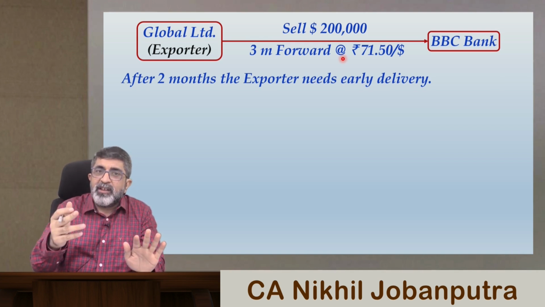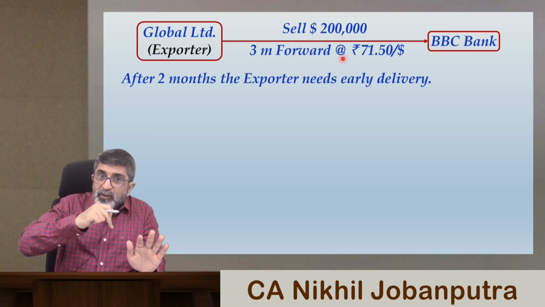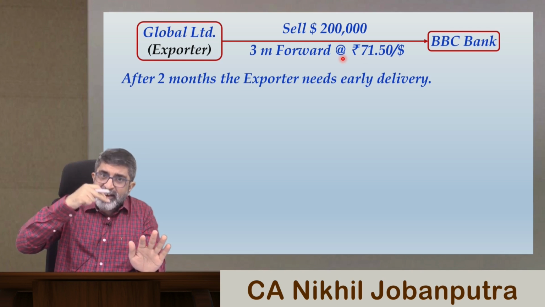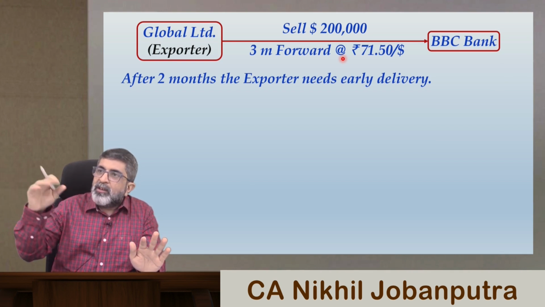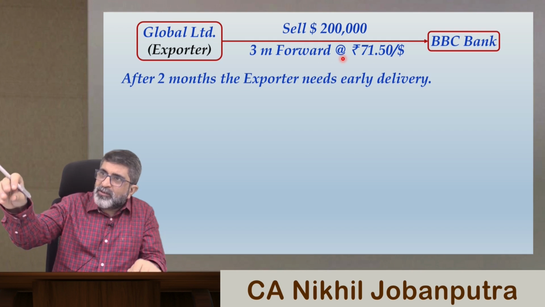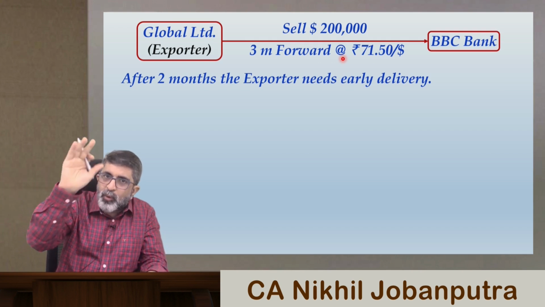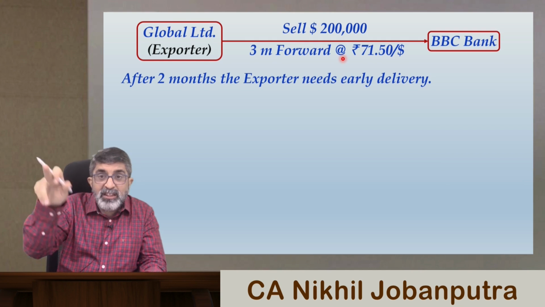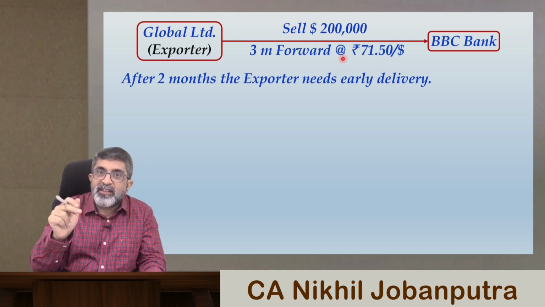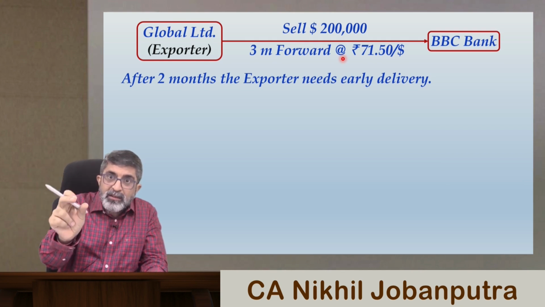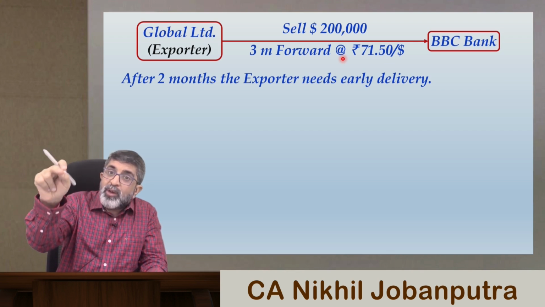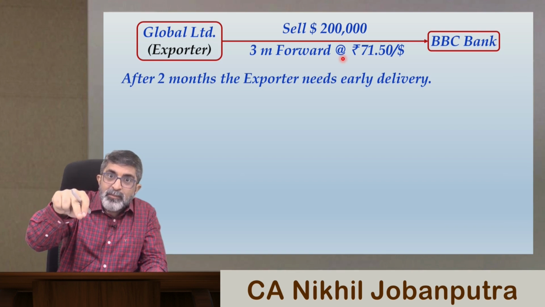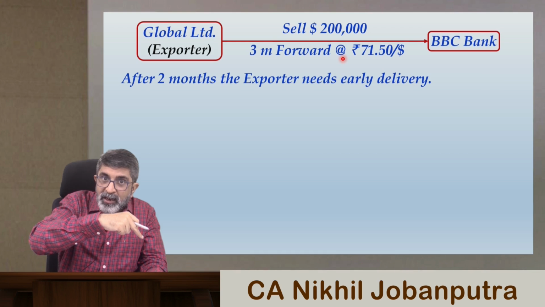Another alternative is that the importer will be asked by our Indian exporter, please don't remit the money now. If you want to make the payment, on behalf of us you deposit this money locally somewhere in the US itself. In that case, whatever money the importer is depositing in the US, whatever be the deposit rate prevailing in the USA, that will be earned by our exporter in India.